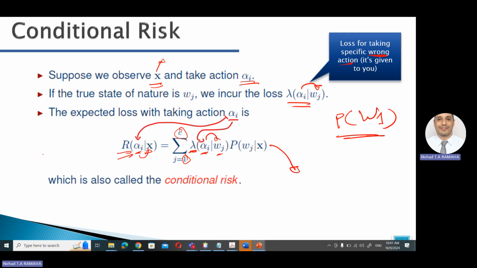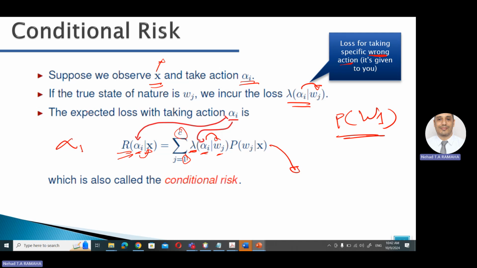For example, if we take action alpha 1, how to calculate the risk if we take action alpha 1? Alpha 1 selects, for example, the fish as salmon. Alpha 2 selects the fish as sea bass. So how to calculate the risk of alpha 1?